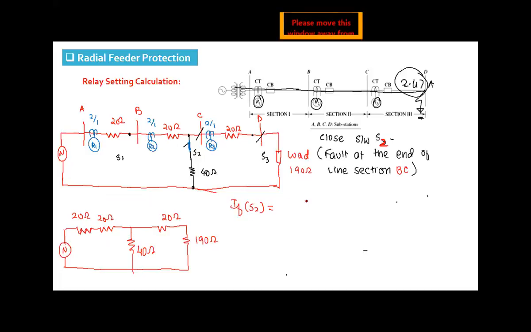If we close switch S2, 230 divided by 20 plus 20 in series, plus 40 in parallel to these two, which are in series, so it is 210. Got it? Total current. This current.